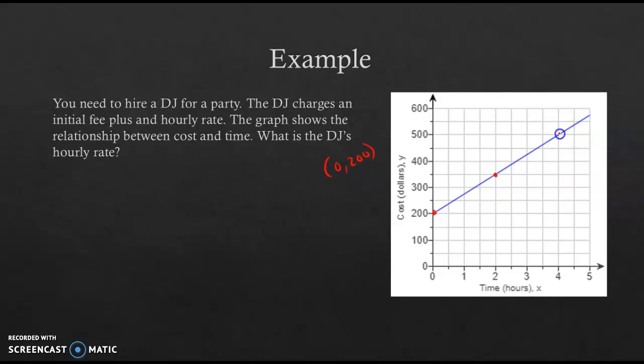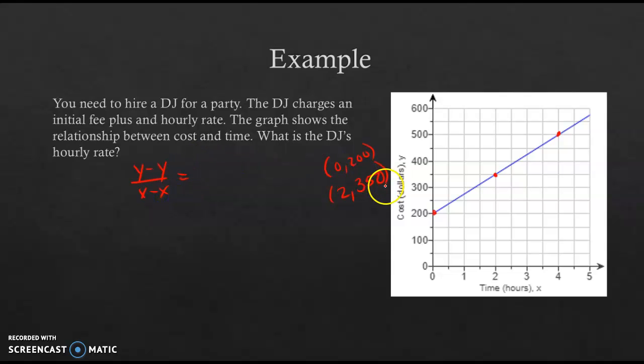The other one I could choose is back here. It crosses at four corners. I'm going to go ahead and go with 2, and then each of these, 2 is 100, so 1 is 50. So we've got 2, 350. Now, what I can do is when I have points, I can use y minus y over x minus x.